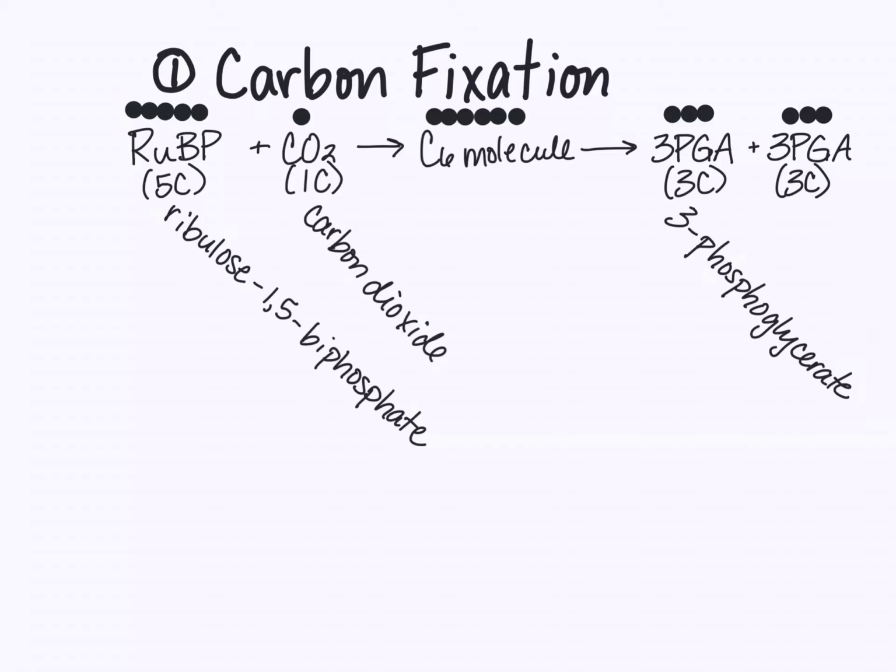So far what's happening is that we are just combining and shuffling these carbon atoms around. Now, there are other atoms involved. So there are oxygens and hydrogens involved in this process, but the movement of the carbons is what we're really focusing on here. I should also note that these reactions are catalyzed by an enzyme known as RUBP carboxylase, which is also called Rubisco.